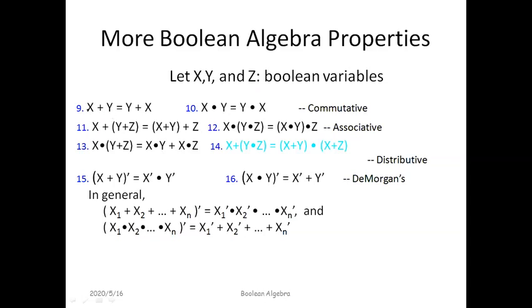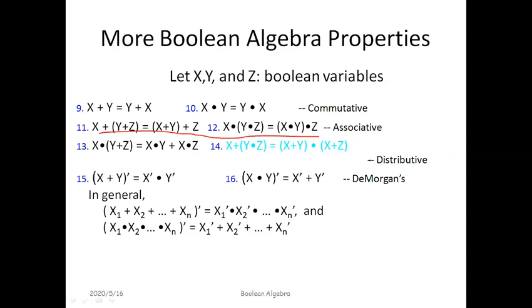So x plus y is just the same as y plus x. Then number 10, even for the AND gate, x dot y is the same as y dot x. Then we come to associative. The associative law applies to Boolean algebraic expressions. As it can be seen here, this is quite clear.